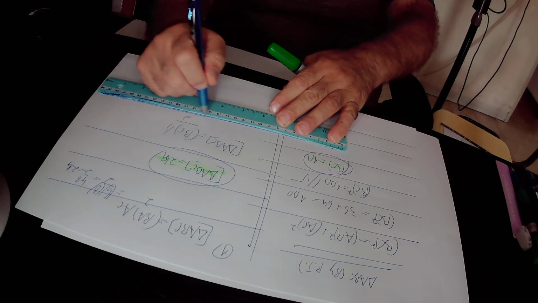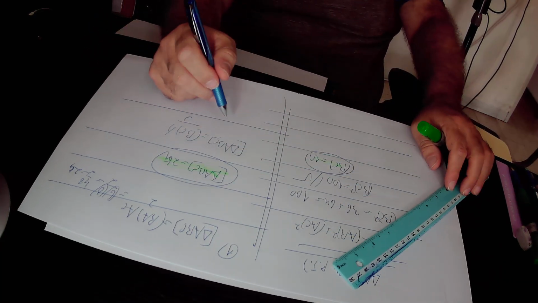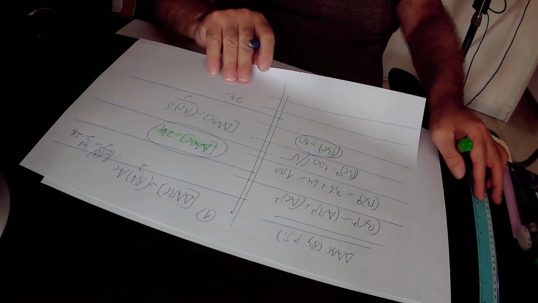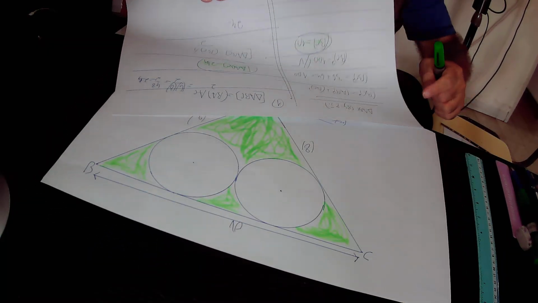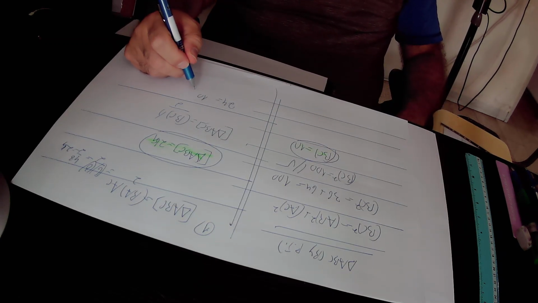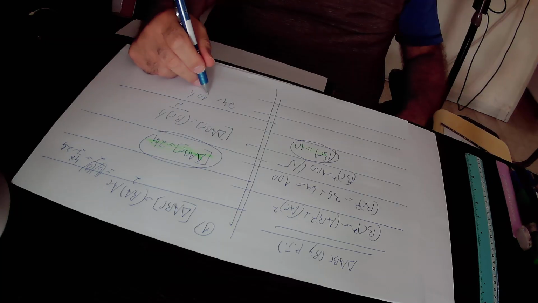We already found that the area of triangle ABC is 24, and it equals BC, which is 10, times h over 2.